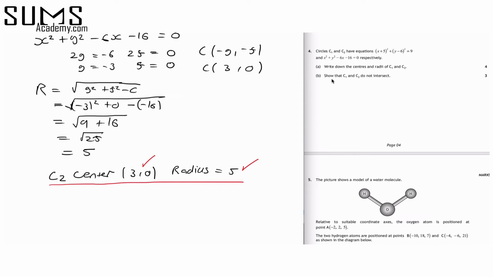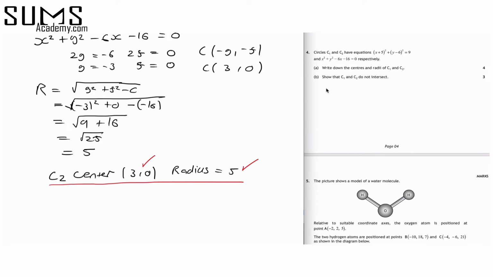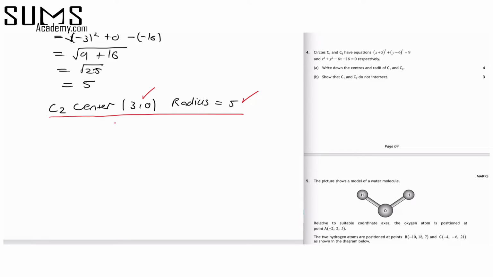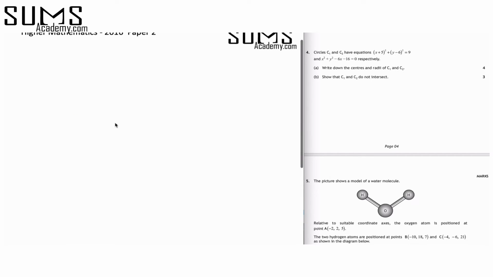Okay, so now on to question b. We've got to show that these two circles do not intersect. We'll take a new page to explain this. So prove that the circles do not intersect. When do they not intersect? I'm just going to draw a little sketch here. Two circles aren't going to intersect when their radii are smaller than the distance between them.